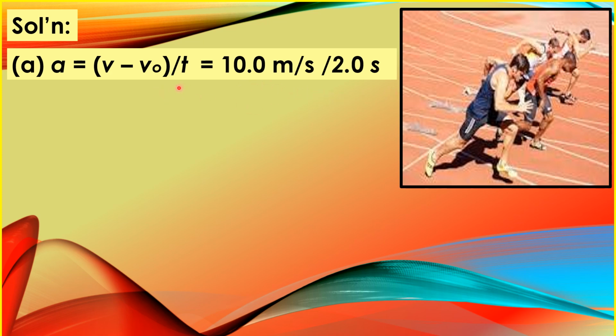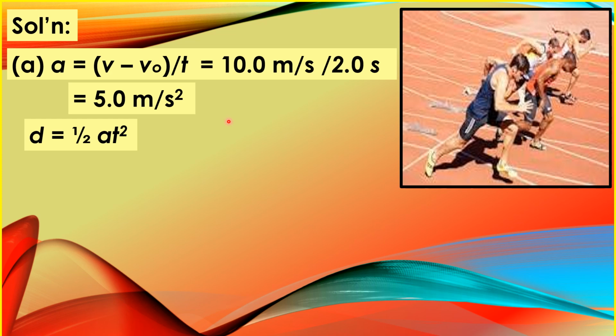From the formula, a is equal to v final minus v initial, divided by the time t, we have 10.0 meters per second, the maximum speed that the sprinter attains in a time of 2.0 seconds. Therefore, the average acceleration is equal to 5.0 meters per second squared.